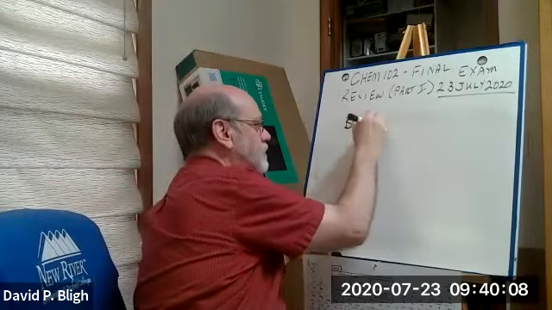Another possibility is this one and this one. That's a good example. That's an acetate buffer. You have the weak acid and its conjugate base here, and sodium is a spectator.